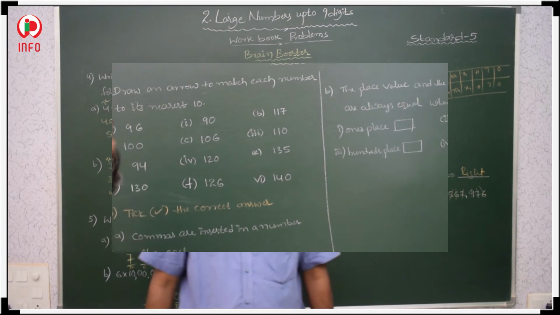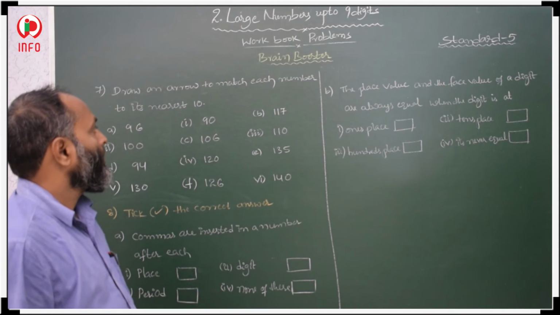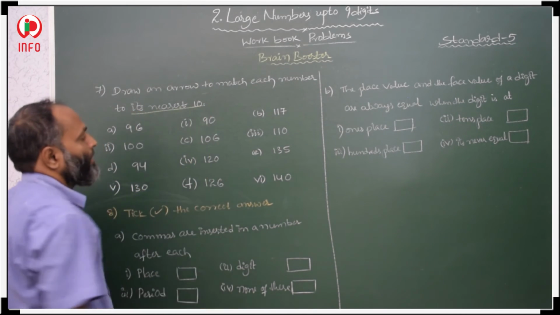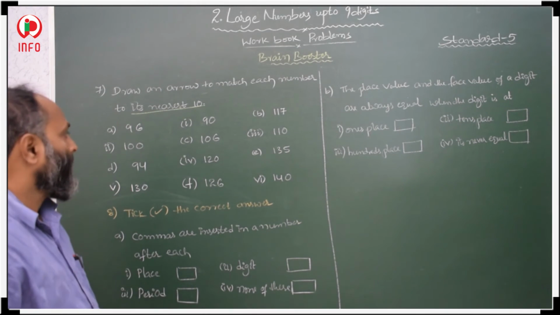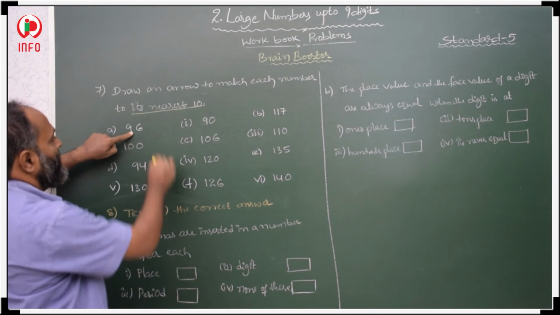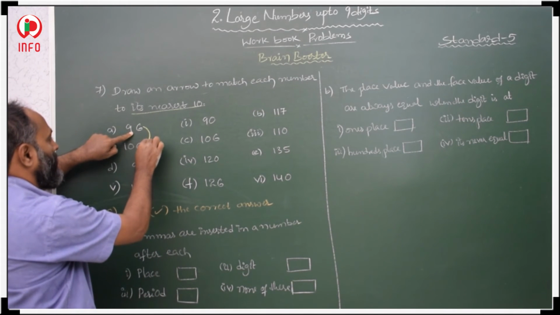Okay. Next, draw an arrow to match its nearest 10. Its nearest 10, we have to draw an arrow. 96, nearest 10 is 100.